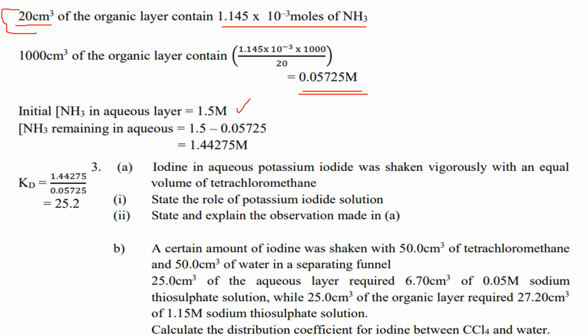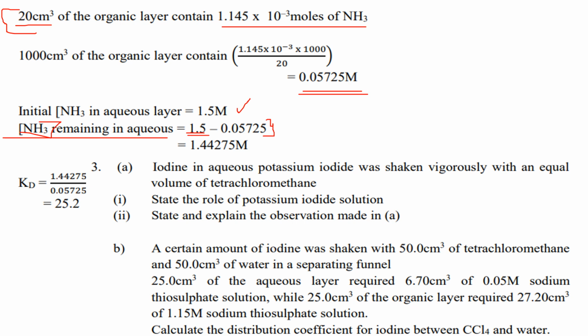So this is the concept that we have been using in our experiments: to get the concentration that has been remaining, we get it by subtraction, and this was a good example. So we get the initial concentration, which was 1.15, and then we subtract the concentration of ammonia we have got in the organic layer, so that we can get the molar concentration of ammonia in the aqueous layer.